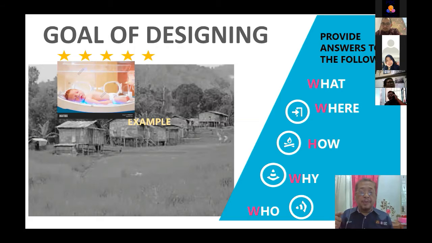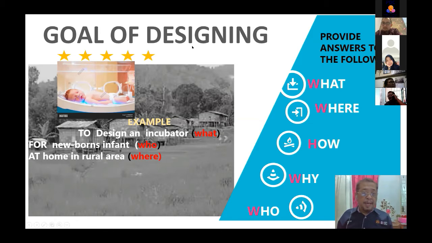For example, this is what I did basically in my paper way back in 2008. This is my definition. What is my goal? Okay, to design an incubator for newborn infants at home in rural areas, yeah, in Kampong.